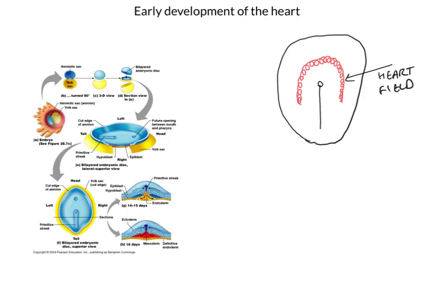However, when you look at the development of the heart, you notice that the heart field is in fact a bilaterally symmetrical structure. So the heart, even from the earliest stages of development, has arisen from both the left and right hand sides of the embryo.